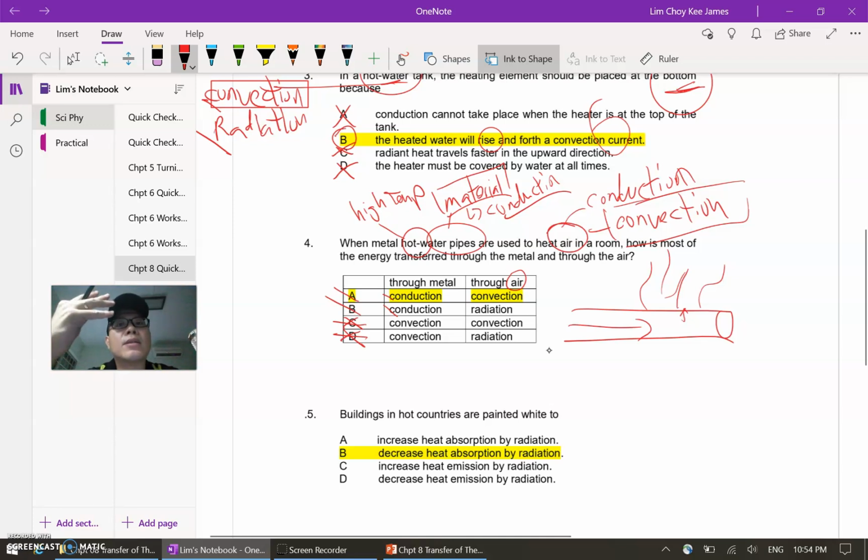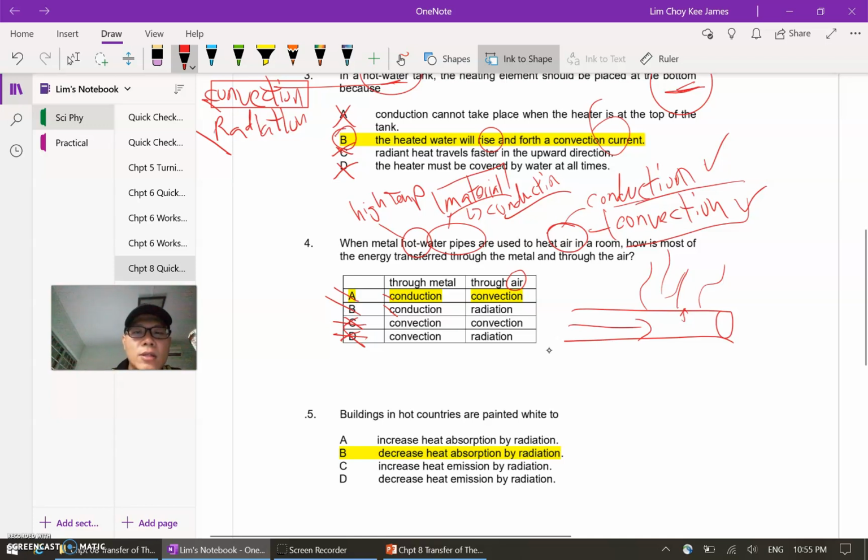This mode is much faster than conduction, because air happens to be a gas, and the only mode of conduction we are looking for is molecular vibrations. If you compare molecular vibration for conduction and convection, you'll find that convection current occurs at a faster rate, because hot will rise and cold will sink. This action is faster compared to the collisions.